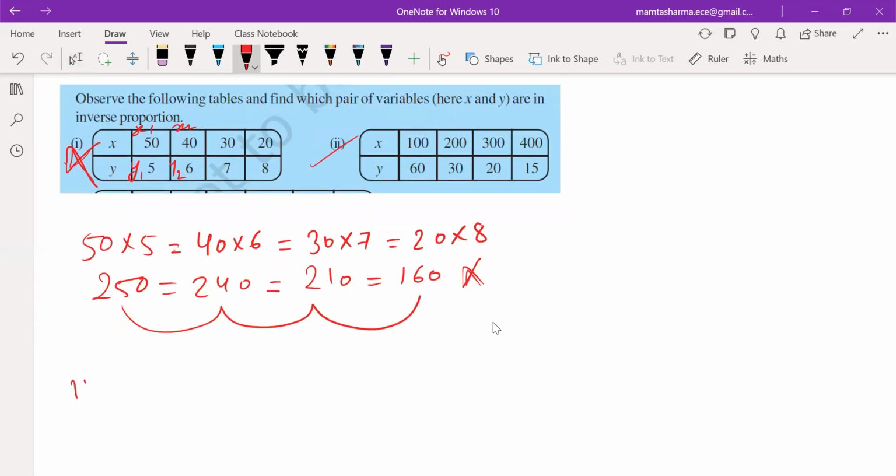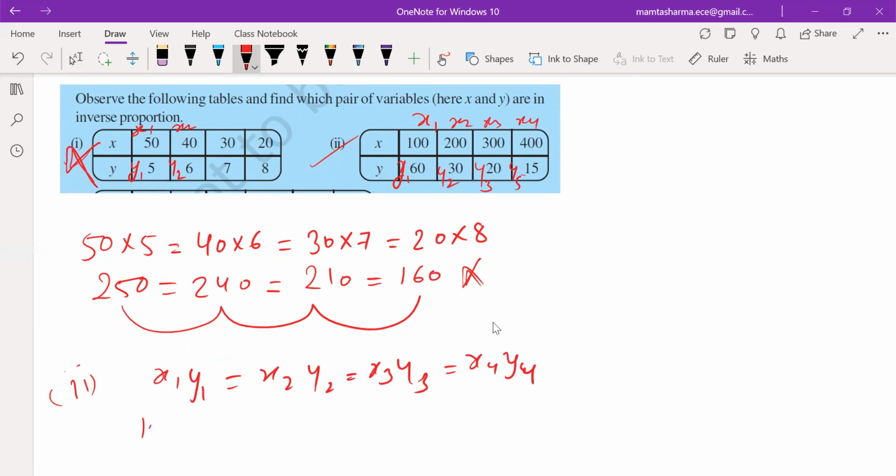Table 2, in the second one, this is x1 y1, x2 y2, x3 y3, x4 y4. So x1 y1 should be equal to x2 y2, should be equal to x3 y3, should be equal to x4 y4.